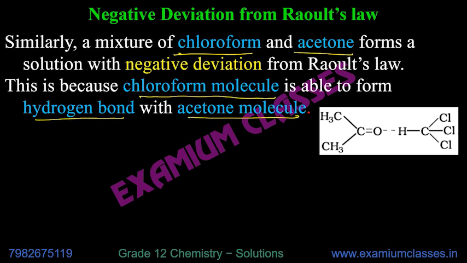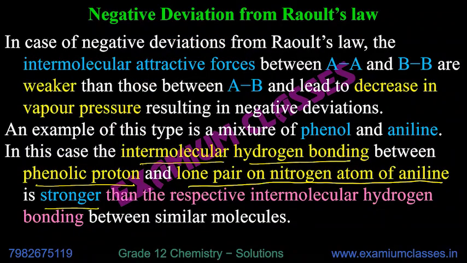In this case, both the reasons are similar. In the previous case, when I discussed phenol and aniline, the mixture had stronger hydrogen bonding. Remember the difference I am talking about.